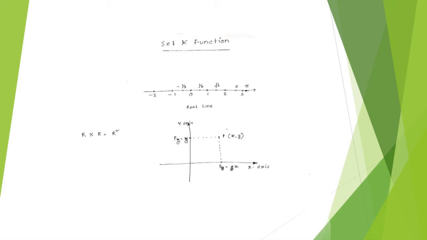By real line we mean an ordinary geometric straight line whose points have been identified with or coordinatized by the set R, capital R, of all real numbers. We generally use the letter capital R to denote the real line as well as the set of all real numbers.